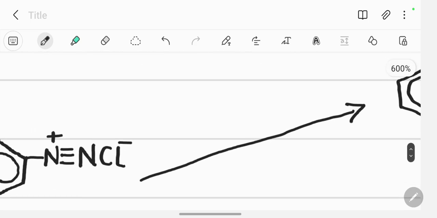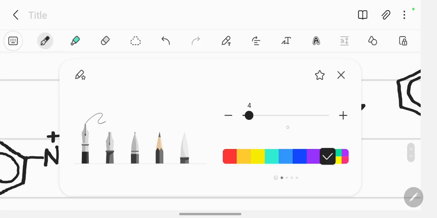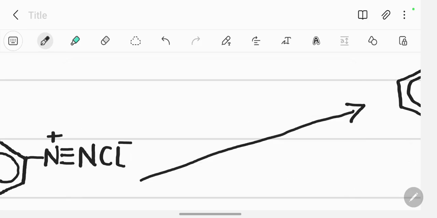So it's going to be copper 1 bromide stroke concentrated HBr, and we shall put in some warming and end up with that.